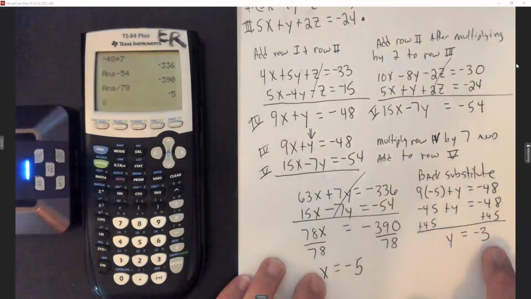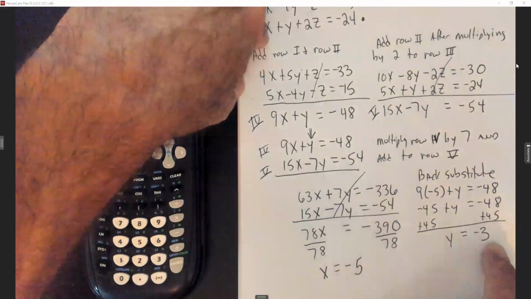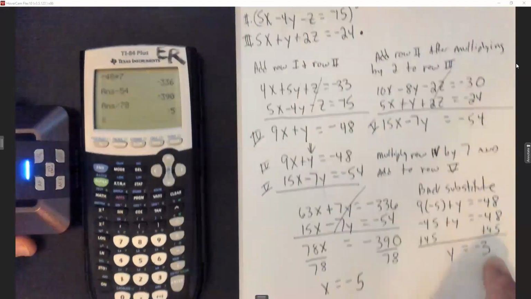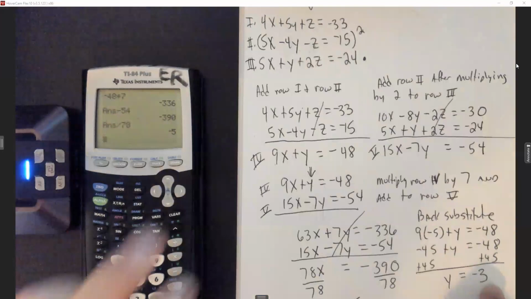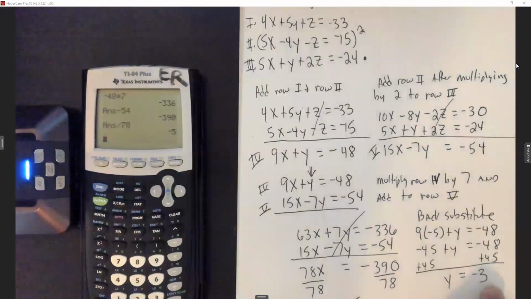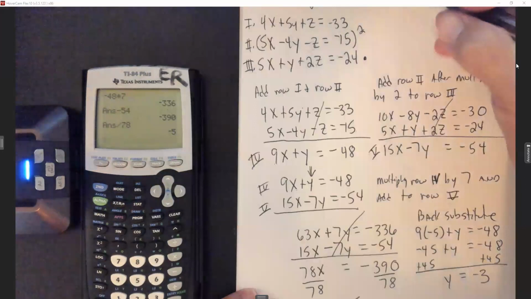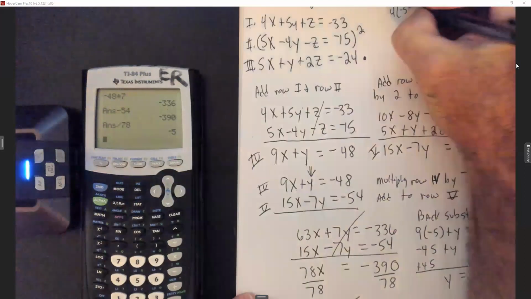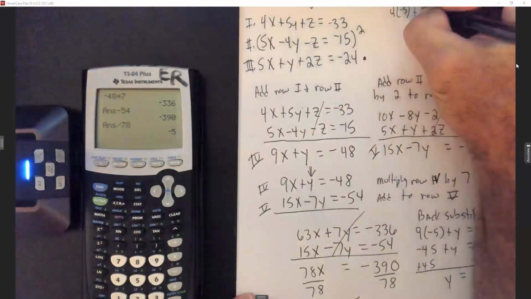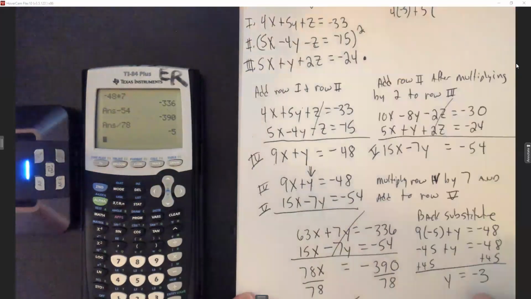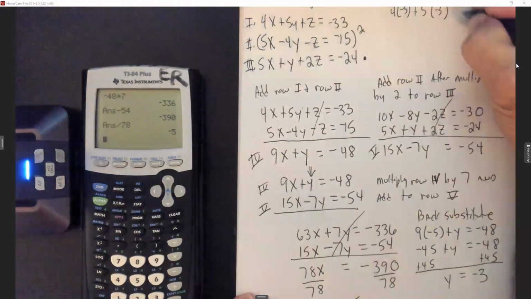So I can go back into one of my original 3 equations up here and plug 2 numbers in and get the other one, okay? So I think I'm going to use this first equation, 4x, but I know x is -5, plus 5 times y, but I know y was -3, plus z equals -33.